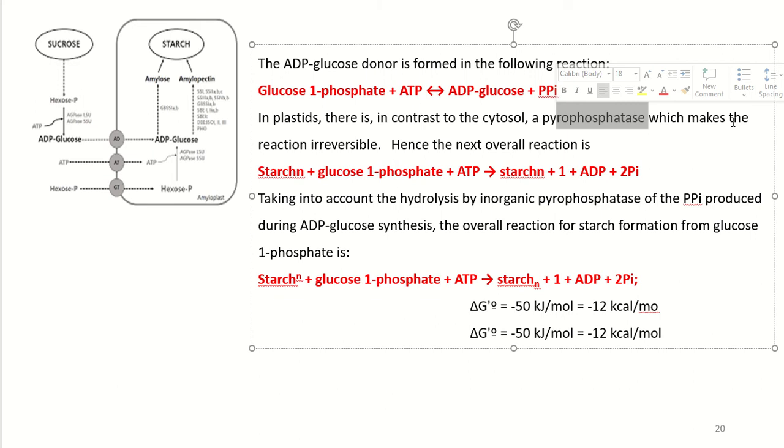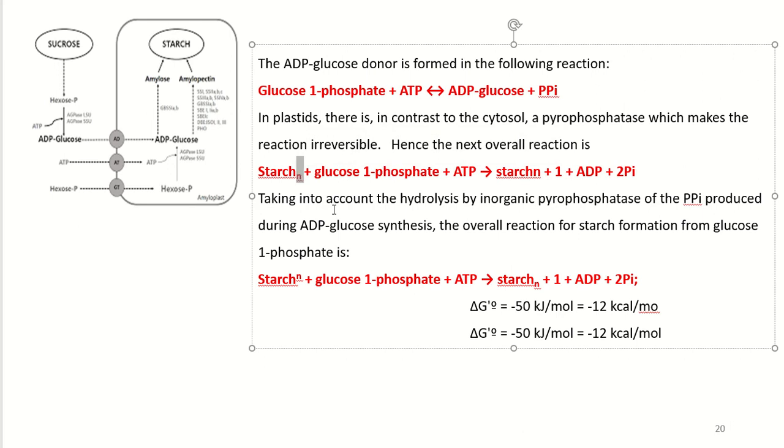Now I am showing you the overall reactions. So glucose 1-phosphate gives ADP-glucose plus inorganic phosphate. Now n number of glucose units of starch, with glucose 1-phosphate attaching, plus ATP is also there.